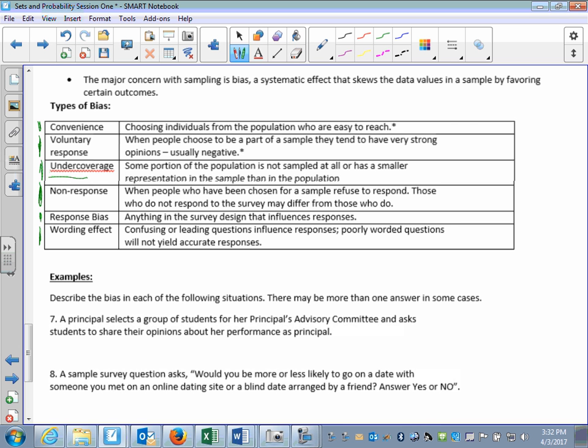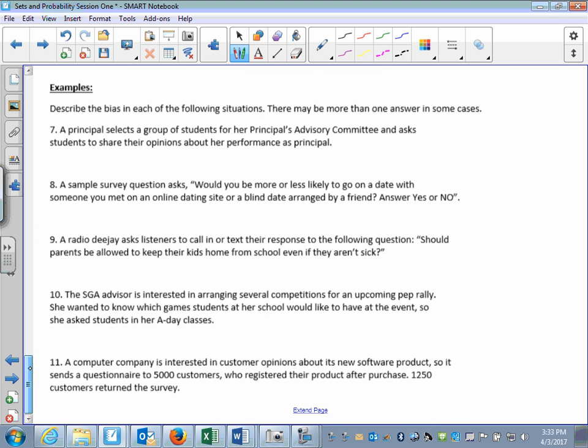And then also the people that did respond probably, voluntary response. When people choose to be part of a sample, they tend to have very strong opinions, usually negative. So most likely the people that responded to the survey had some opinion, and I think there's probably a pretty good chance that some of their responses would be negative.